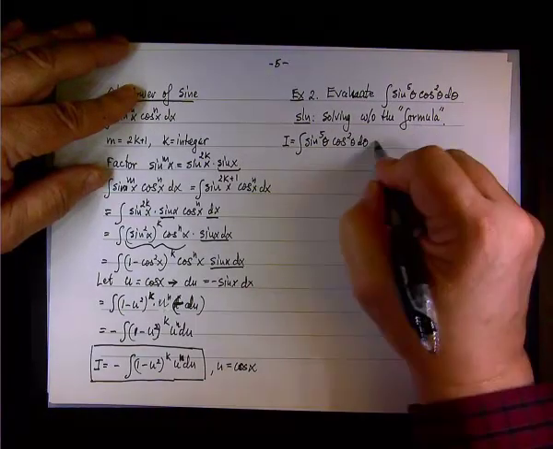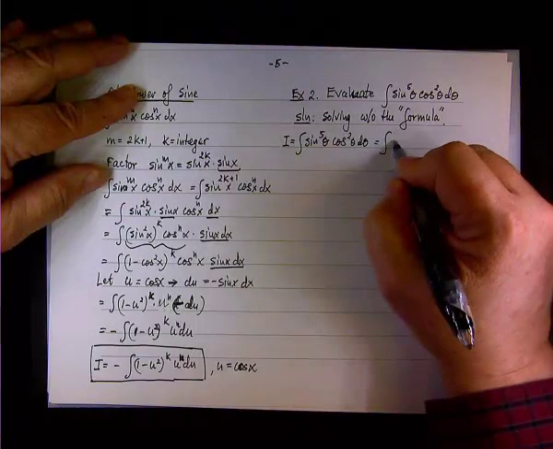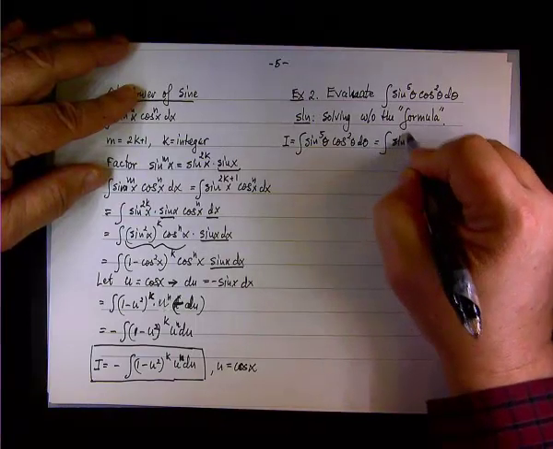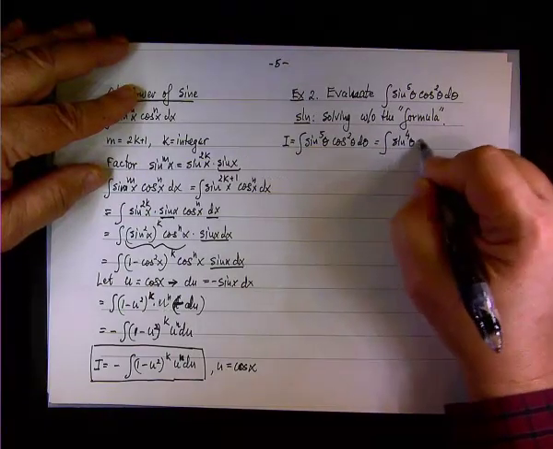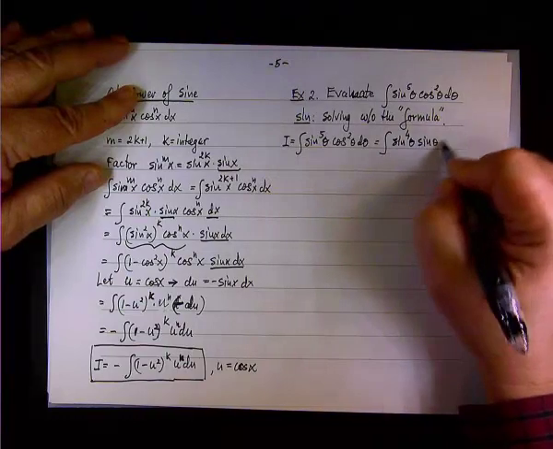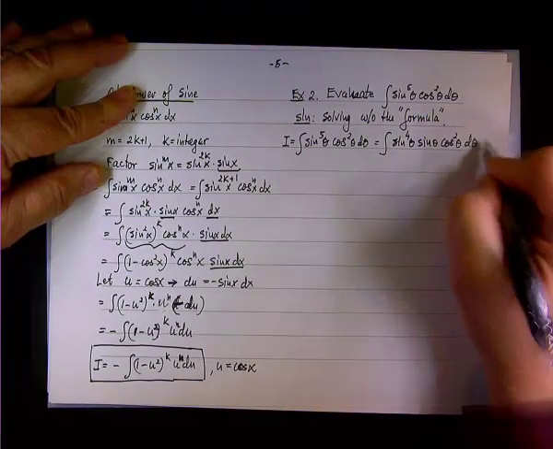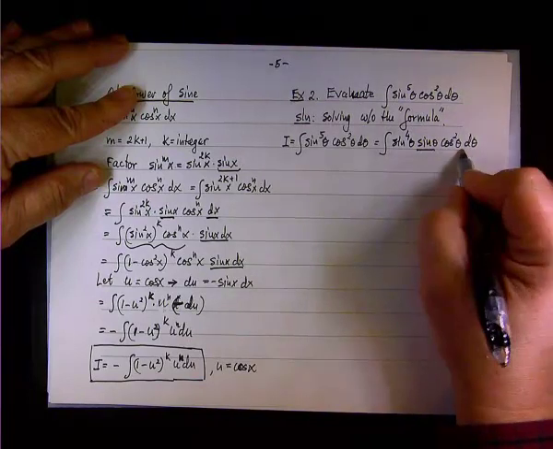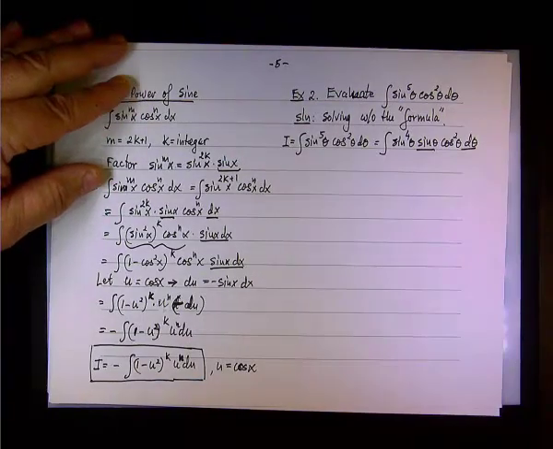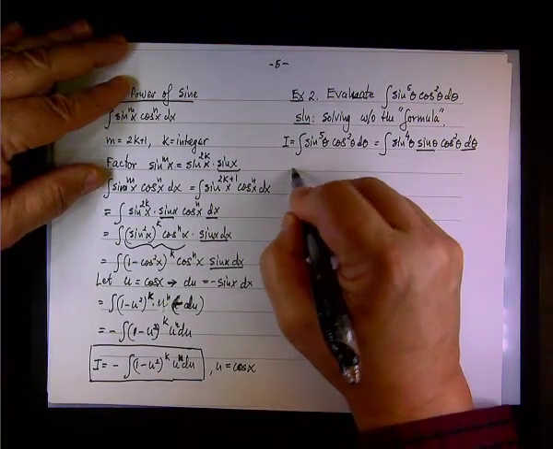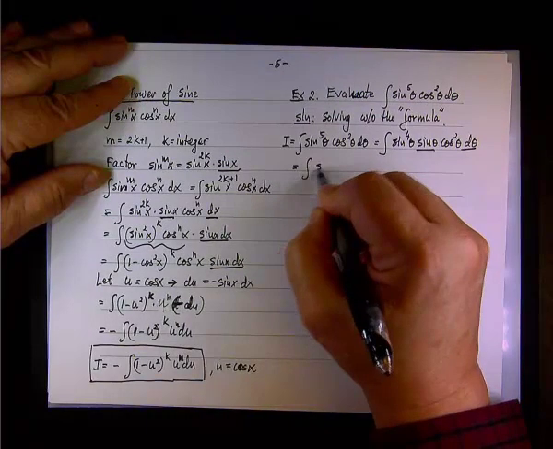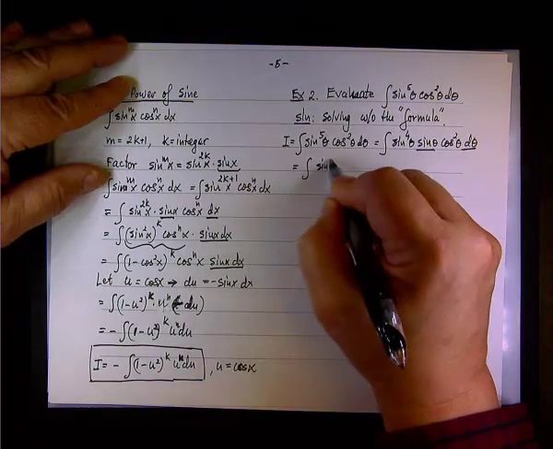So we start with sine theta to the 5th power cosine squared of theta d theta, and because we have the 5th power, we're going to break it down into sine to the 4th times sine, and then cosine squared of theta d theta.